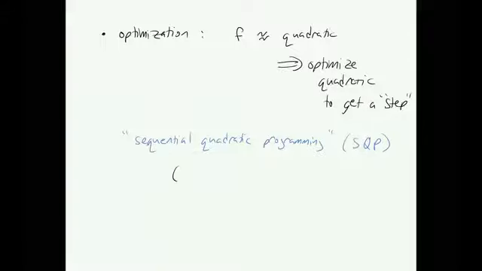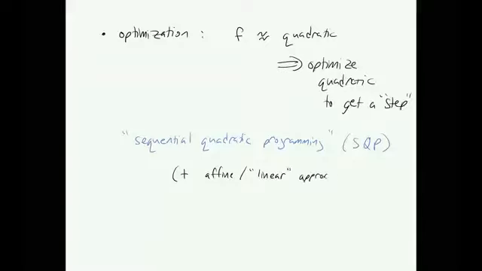Technically, if you have constraints, you also make linear approximations of the constraints, or I guess affine approximations, what colloquially is called linear approximations.